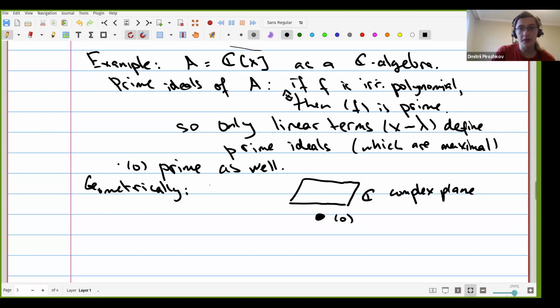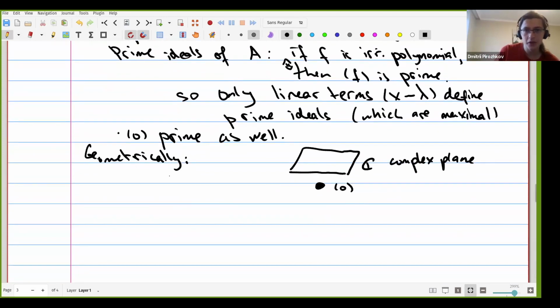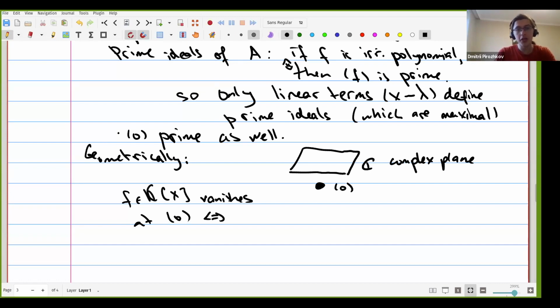And if you look at the topology we have defined, since closed sets are defined by vanishing of some functions in the quotient ring, if I have f over here, then it vanishes at the zero ideal if and only if, by definition, the class of f becomes zero in the quotient by this ideal.